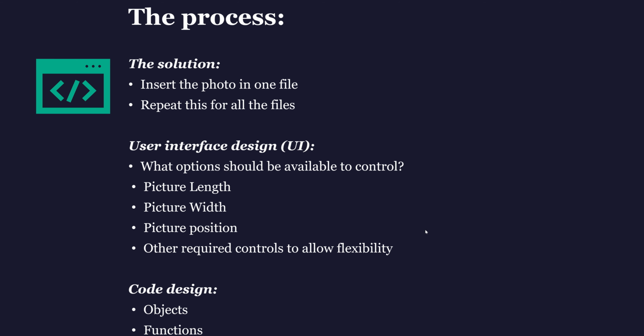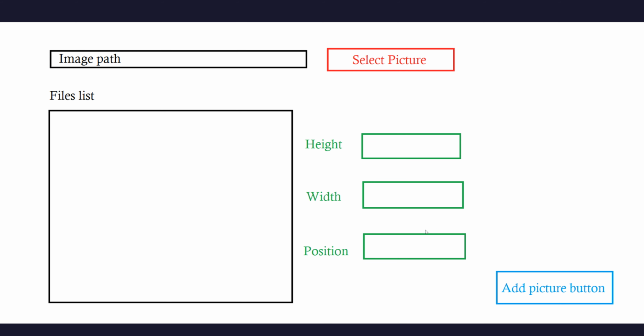So the first thing I normally do when I want to design something like this, I just open Paint, and I find that it is really easy to make a prototype of what you want to see. For example, we have the image path here, and we have a files list, because we want to select, for example, this button to select the image or the picture that we want to insert in the header.